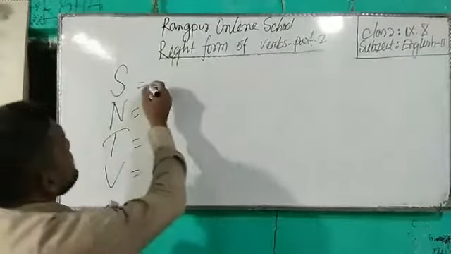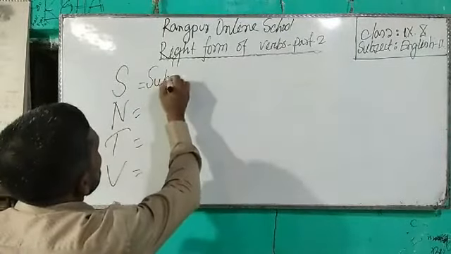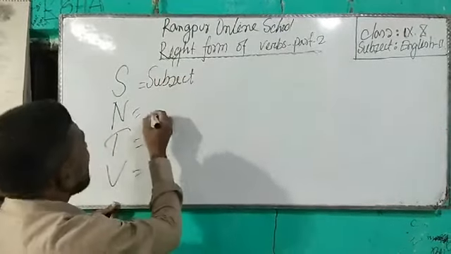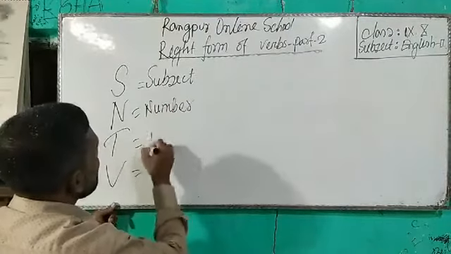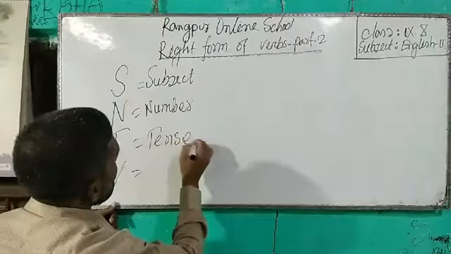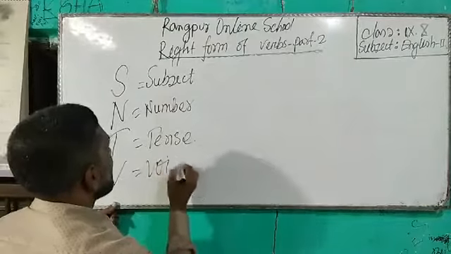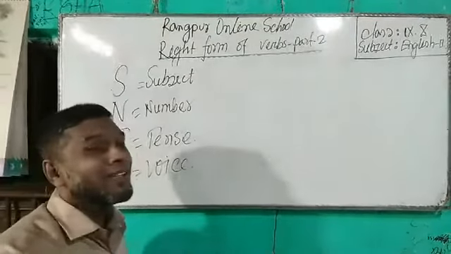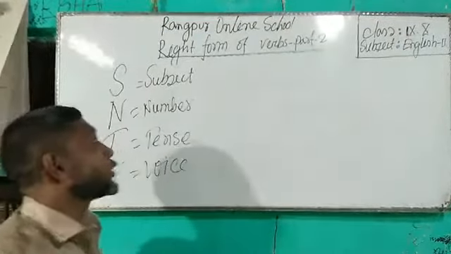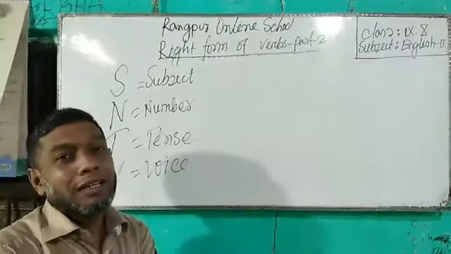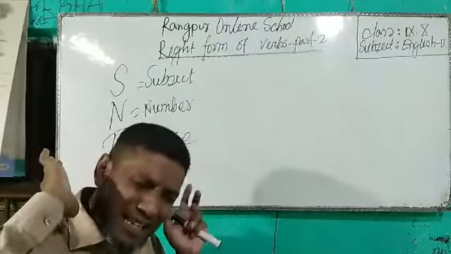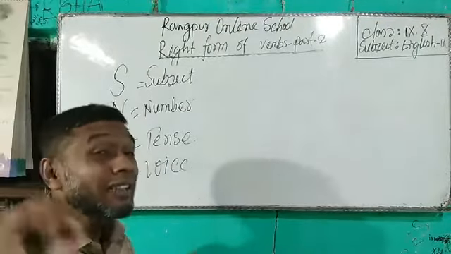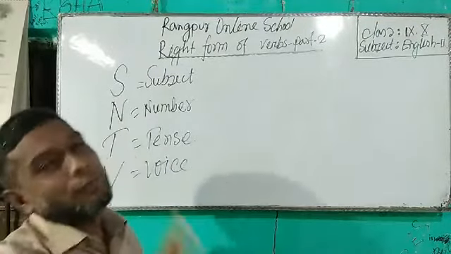Here S is for subject, N for number, T for tense, and V for voice. Okay, how interesting it is, dear students. So if any verb has a subject, you can without any hesitation tell this is a finite verb.